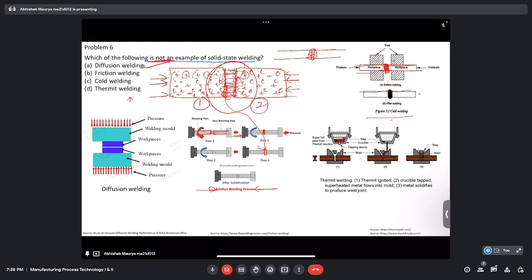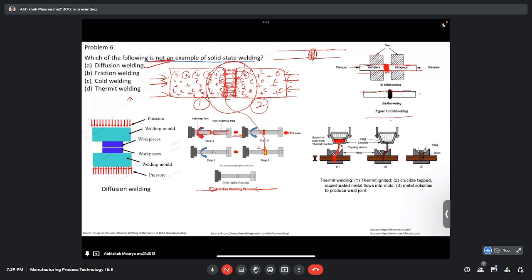And the last one is thermite welding. In thermite welding, we have some chemical components, and we carry out a chemical reaction because of which heat gets generated, and we have some filler material which gets melted with the help of the chemical reaction, and we pour this filler material into the gaps where we want to join.